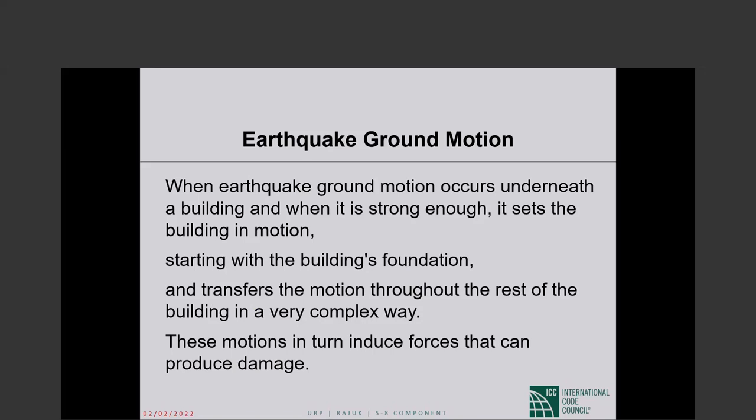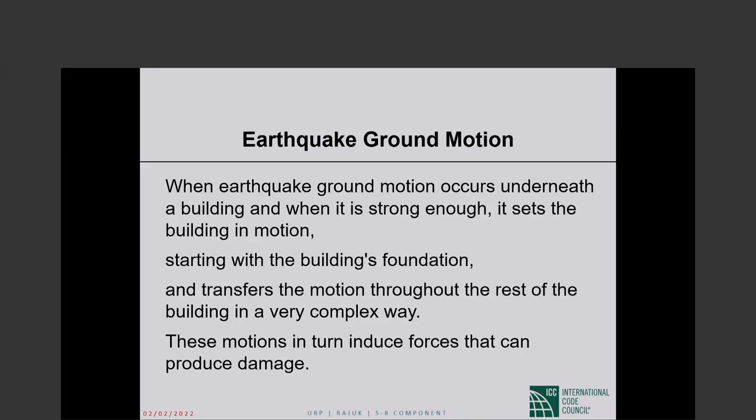The vibration of the building can be quite complex because of what I mentioned. All of a sudden the foundation starts moving every which way. That's the only way I can say it. That's what happens in an earthquake. It's not that the foundation starts moving from left to right or front to back. No, it's not like that.